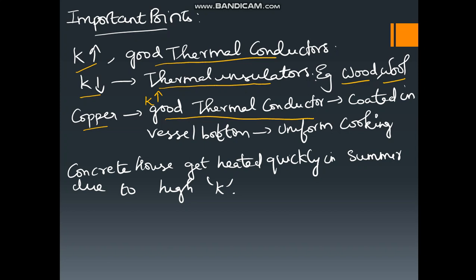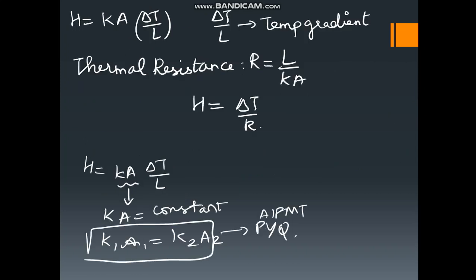So it is coated on the vessel bottom, which promotes uniform cooking and makes cooking easy. Next, a point given in NCERT: concrete houses get heated quickly in the summer season. Why? Due to its high thermal conductivity, it easily conducts heat and becomes very hot during the summer season.